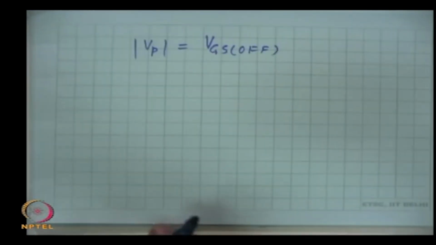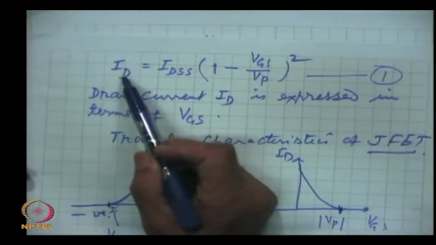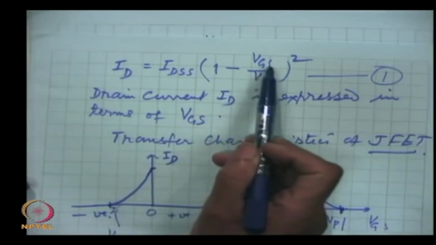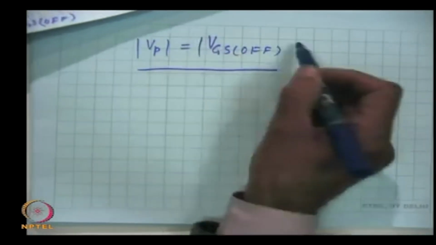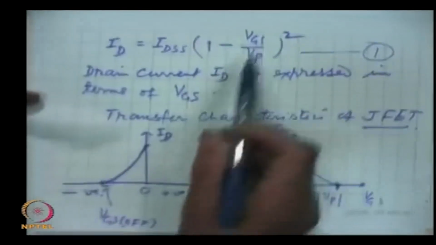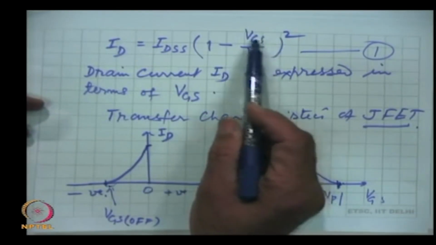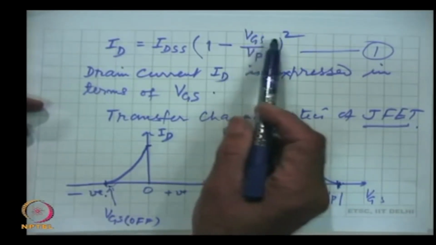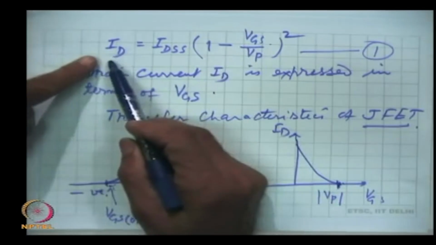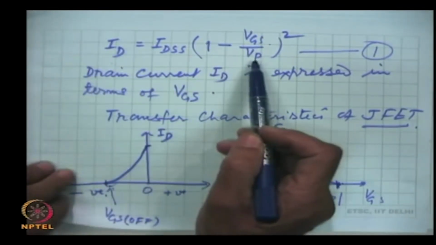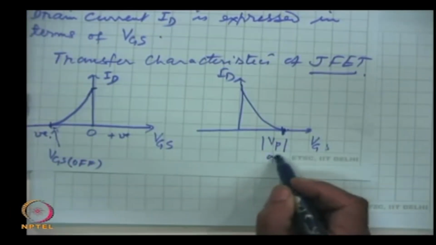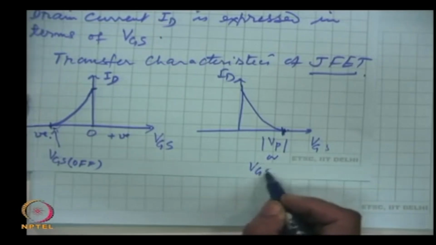We can see from this curve, when drain current is 0, then VGS off is equal to this relationship we get right from equation 1 by putting ID equal to 0. Then the magnitude of VGS off, because that will put the drain current 0, will come out to be Vp. That is why I have written here Vp, or it is same as VGS off.